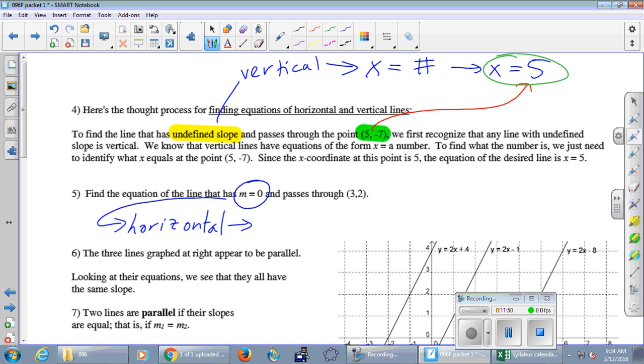Is it x equals a number or y equals a number? It's y equals. If you don't remember, you just go look on the previous page and write that on your reference sheet. All we care about is how much is y at the one point we're given. What number is y? 2. y equals 2 is the answer.